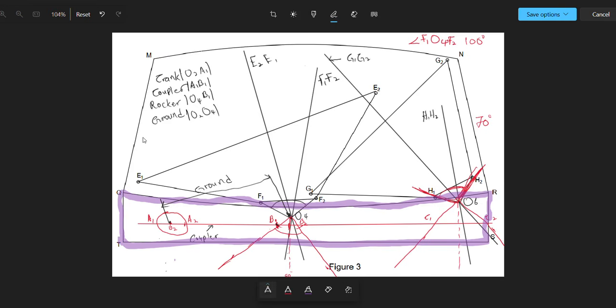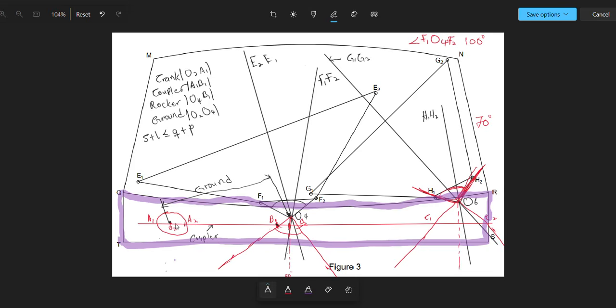And Grashof says that the shortest plus the longest should be less than or equal to the sum of the other two lengths, K plus P or P plus K. So you measure the lengths based on your construction.